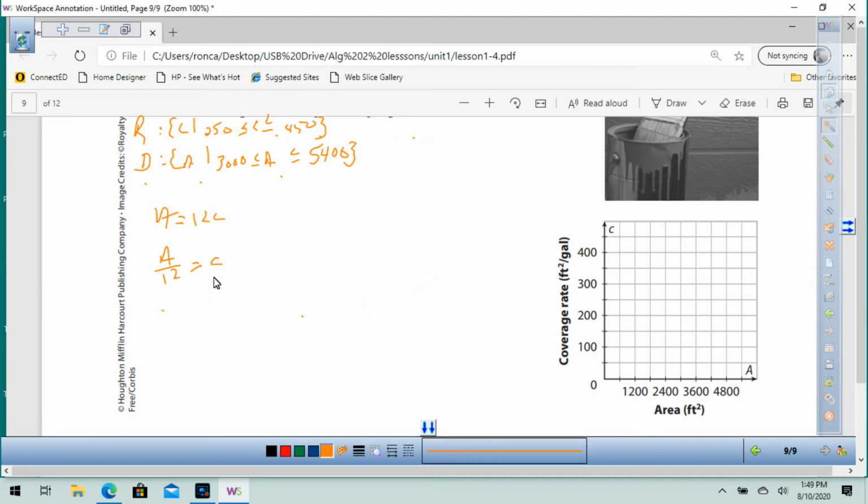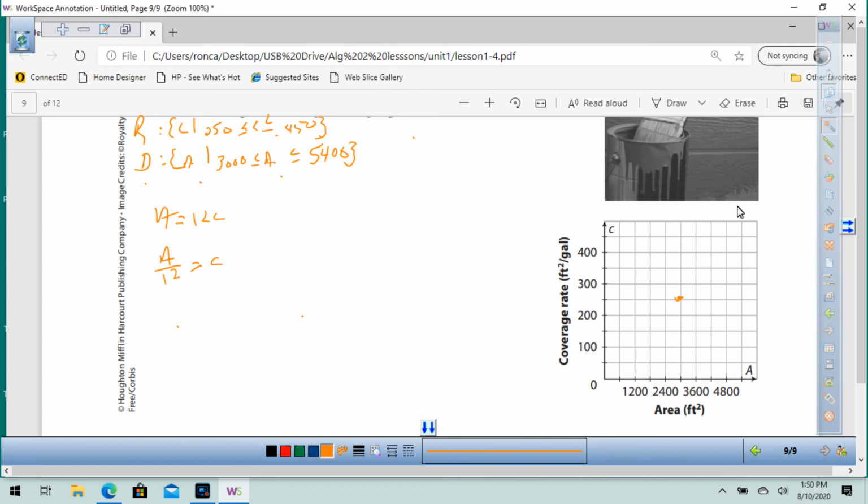So let's find it. Well, you got to find 250 first. If the area is, well, let's see here, 12 times 2, we already found that. 250 and 3,000 should be right there.